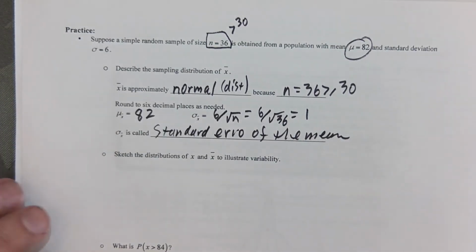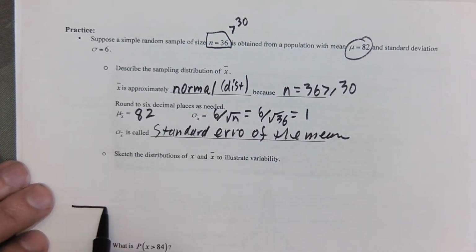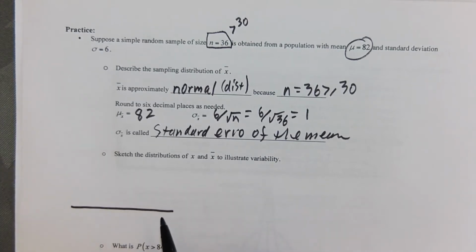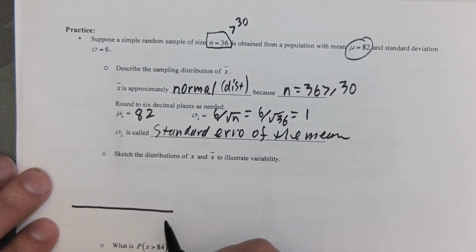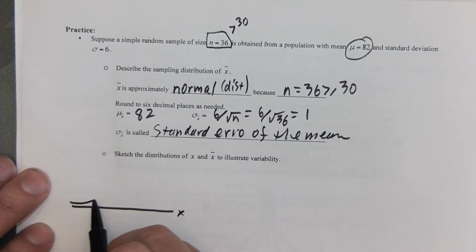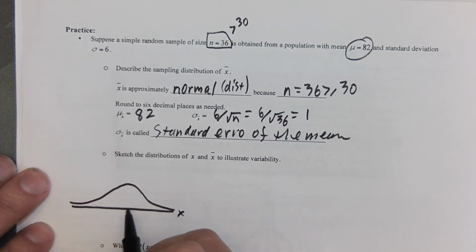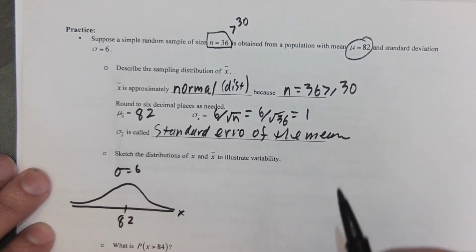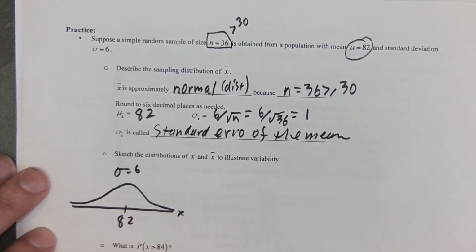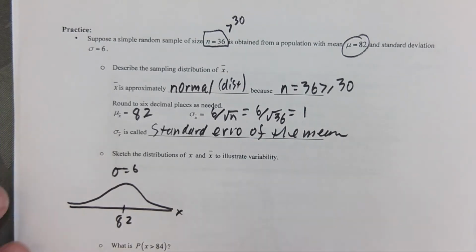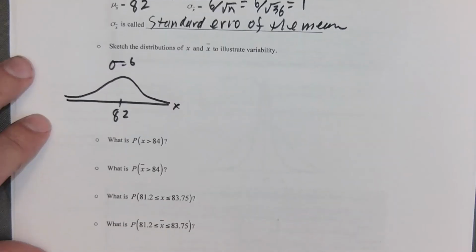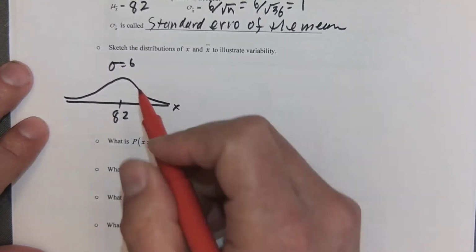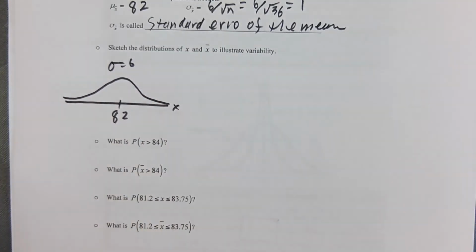We are going to try to sketch these two. So here is x. And then we are at 82. This is where sigma equals 6. And I'm going to use the 84 from here in just a moment.